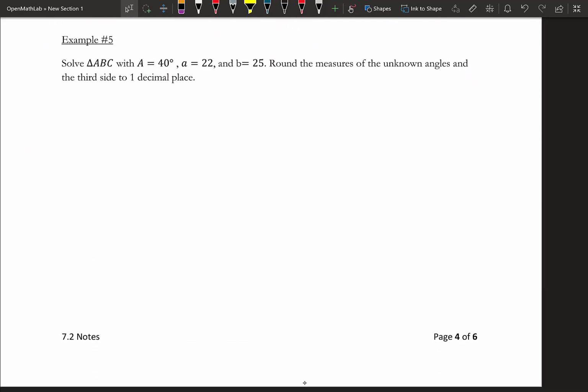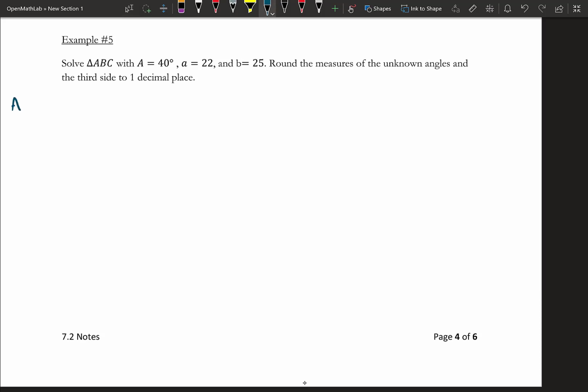Example 5, we're actually going to find that this is a scenario where we could have two possible triangles, right? So we've had an example of each of the cases, if you will, where you have one unique triangle, one that's not a triangle, then the other is where we have two triangles possible, right?